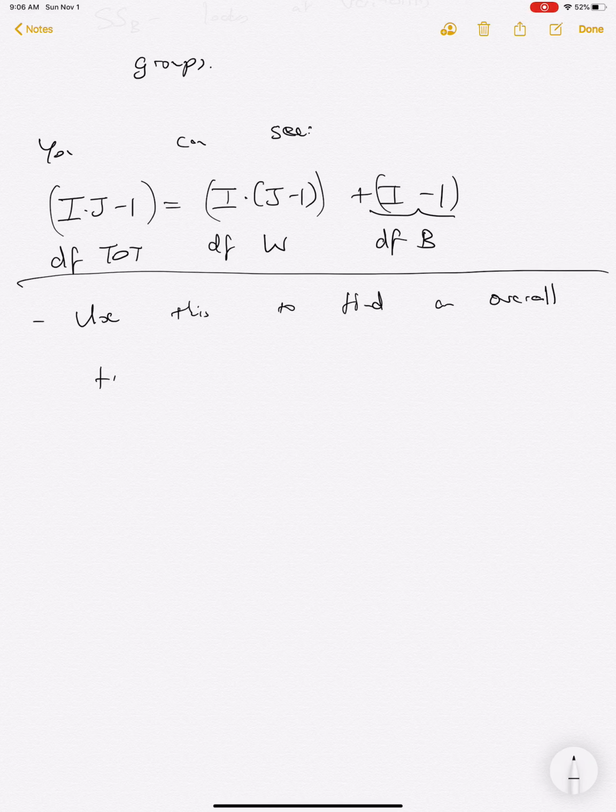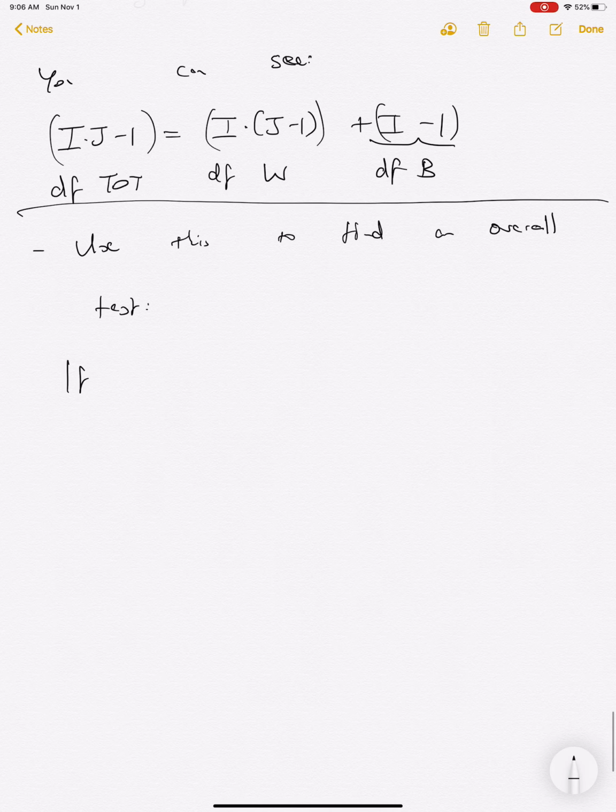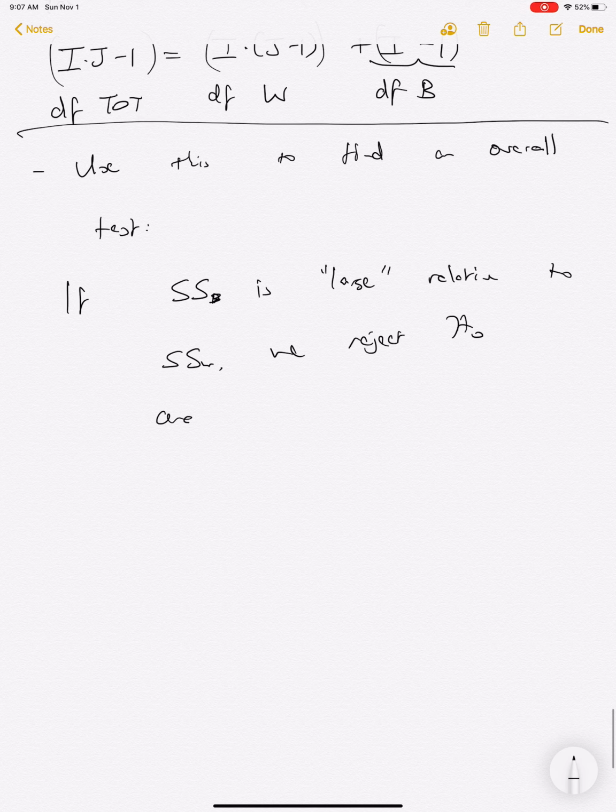Intuitively, if SSB is large relative to SSW, we would reject H naught, and vice versa. So how do we compare them?